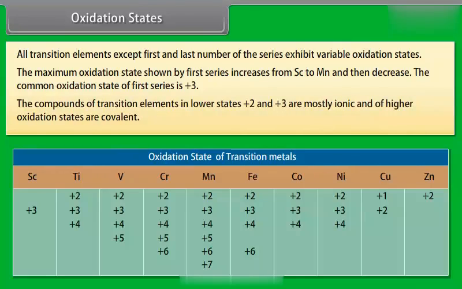The compounds of transition elements in lower states +2 and +3 are mostly ionic and of higher oxidation states are covalent. For example, ZnCl2 and CdCl2 are ionic in nature and Cr2O7 and MnO4 are covalent in nature.